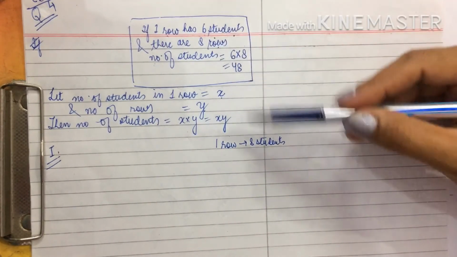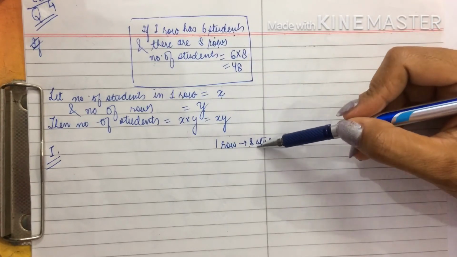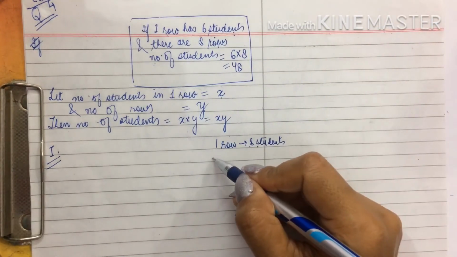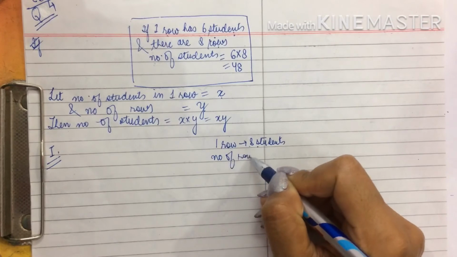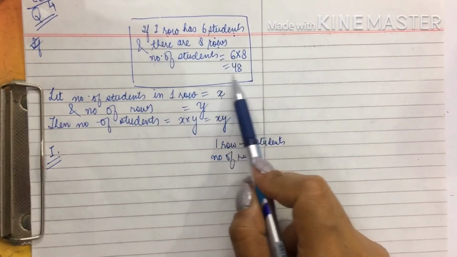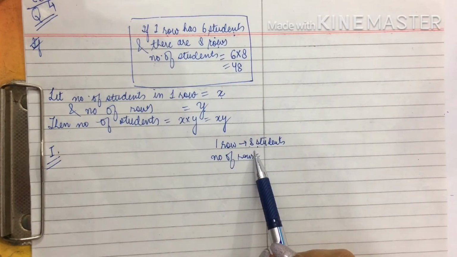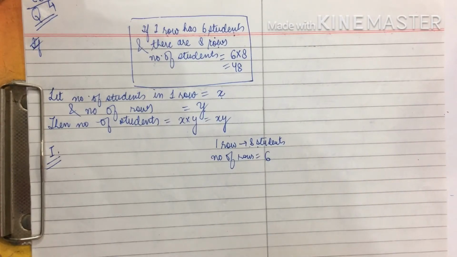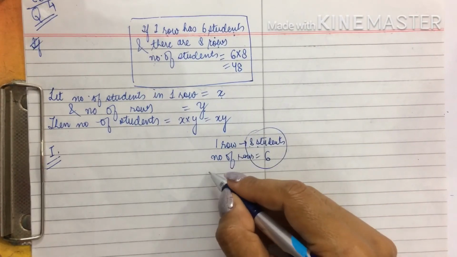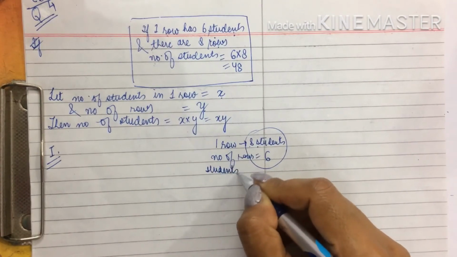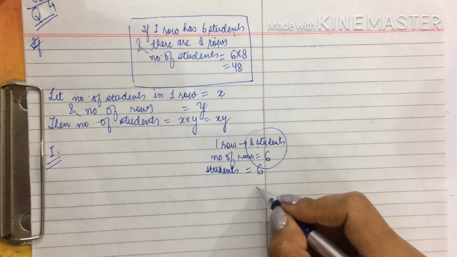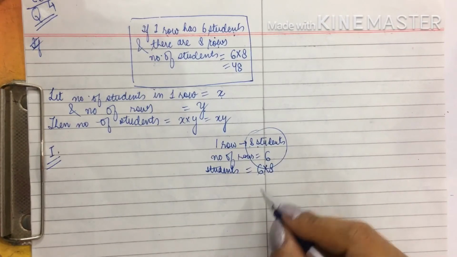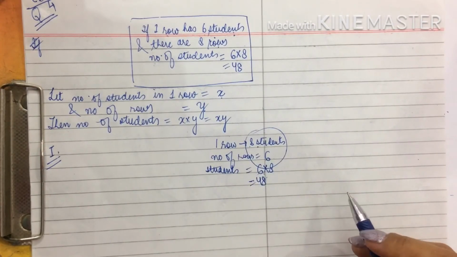I increased the number of students by 2. Now in every line 8 students are standing. Can you tell me how many rows there would be? I have to arrange 48 students in such a way that every row has 8 students. The number of rows will be 6 and still the students are 48. So 6 lines, 8 students in every row, 48 students arranged.